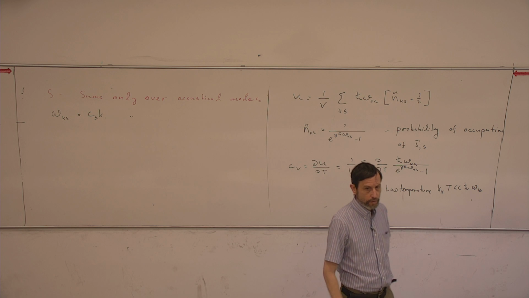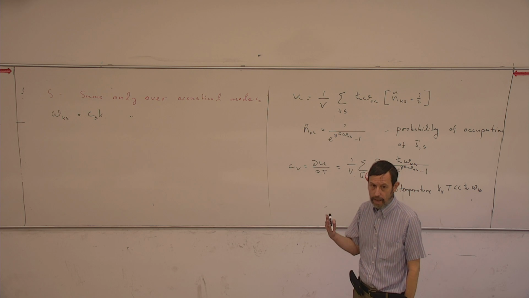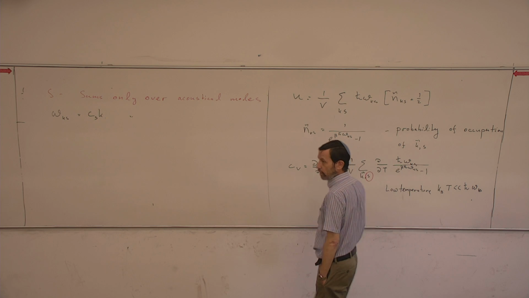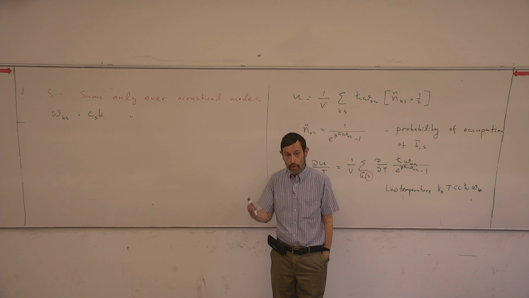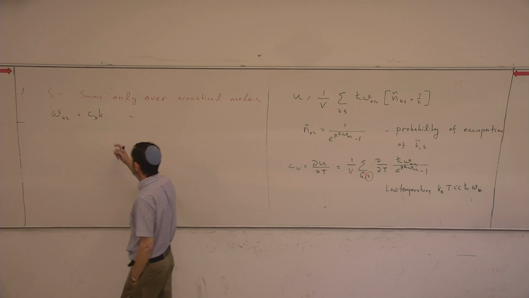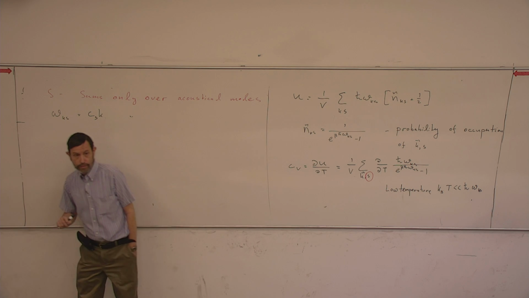That's the definition of acoustical waves, at least at small k's, and since we are dealing only with small T's, only small k's are really of interest to us. Okay, so far so good.